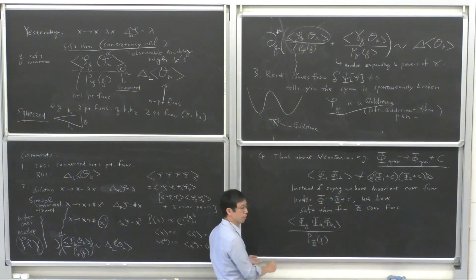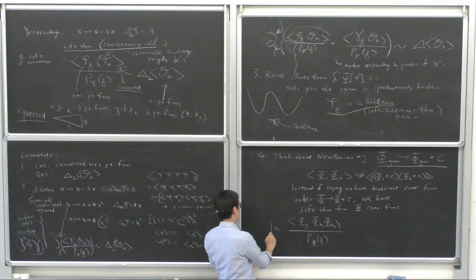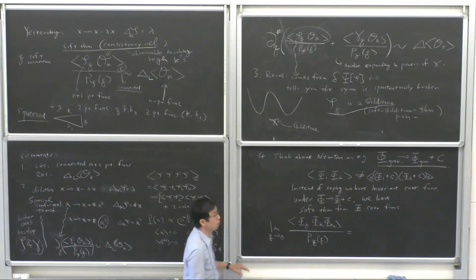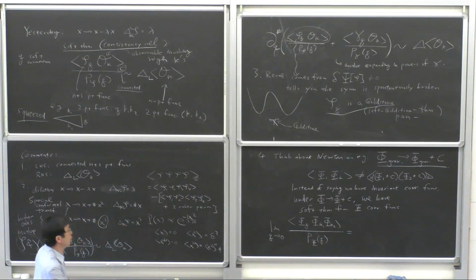If I take the limit q goes to 0, just by analogy with what we have been saying about zeta, what would you say this should be? What is on the right-hand side?